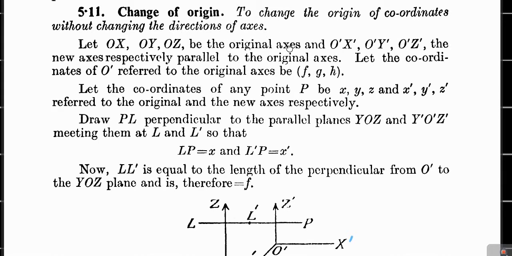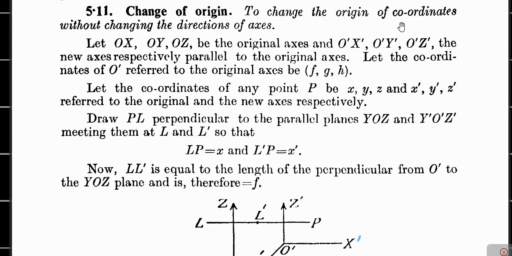So the question is to change the origin of coordinates without changing the directions of axis. Let OX, OY, OZ be the original axes and O'x', O'y', O'z' the new axes respectively parallel to the original axes.